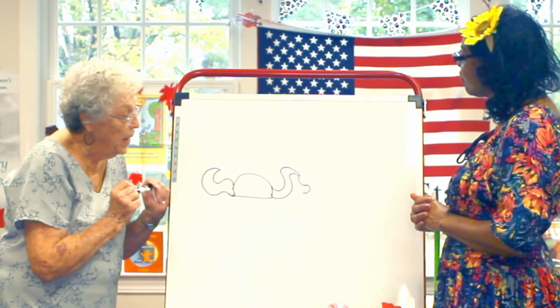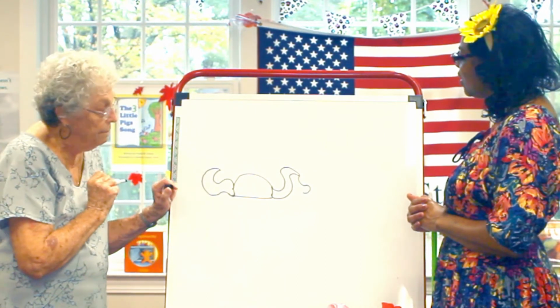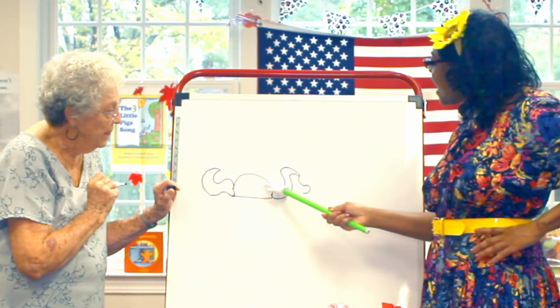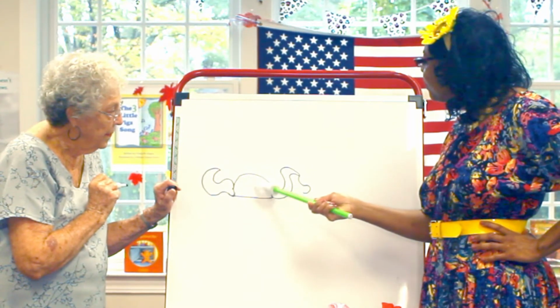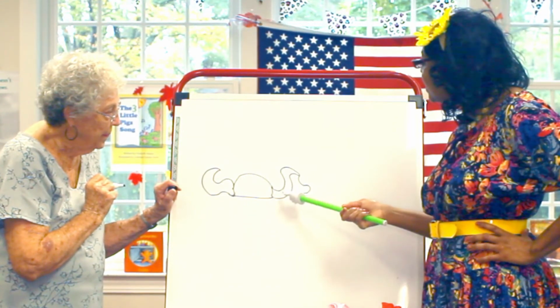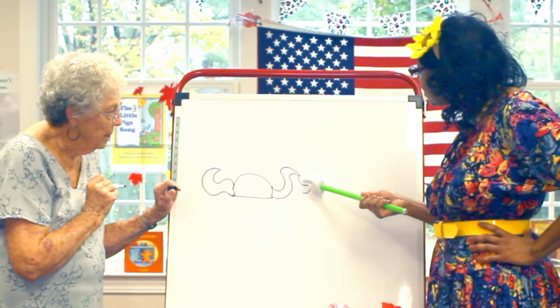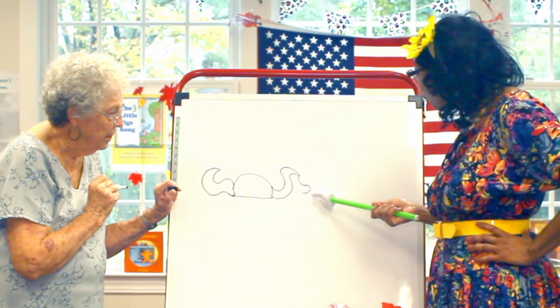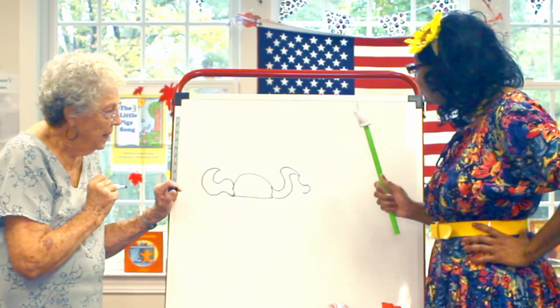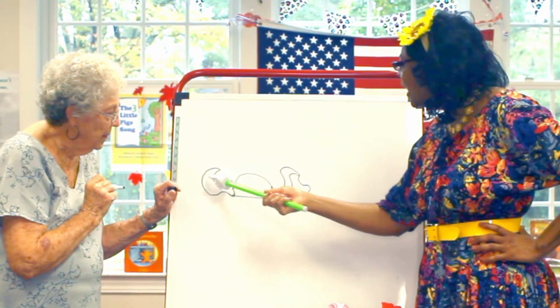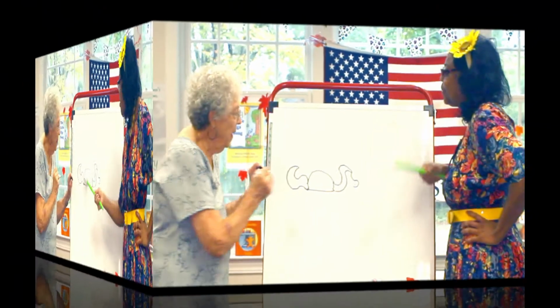What do you think that might be? This has the shape of a turtle. This has the neck of a swan. That's right. This has a pointer of a snake or a lizard. And this has a tail of a dragon, so I'm not sure. Okay.